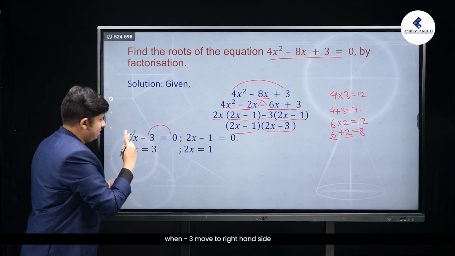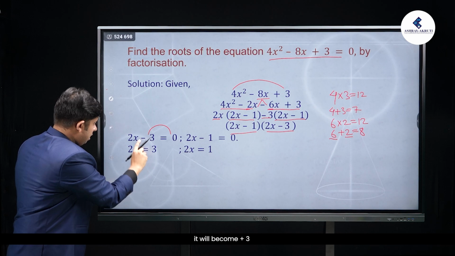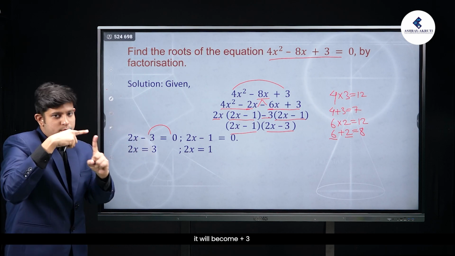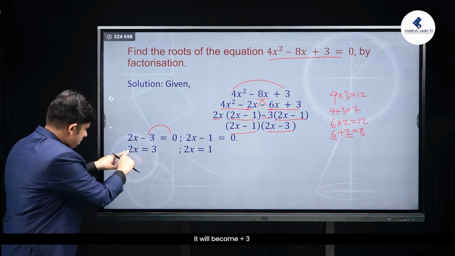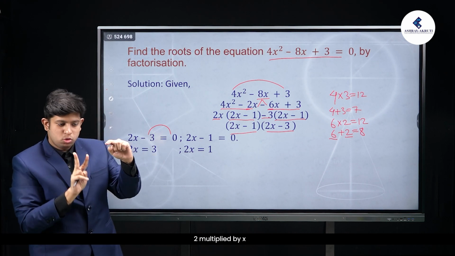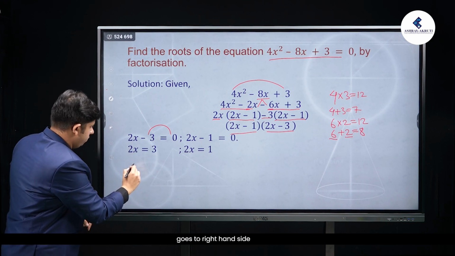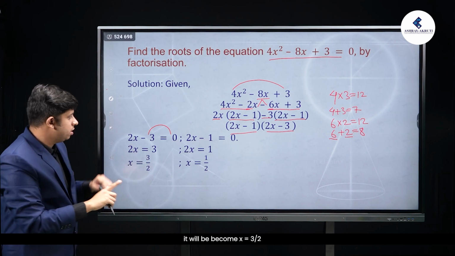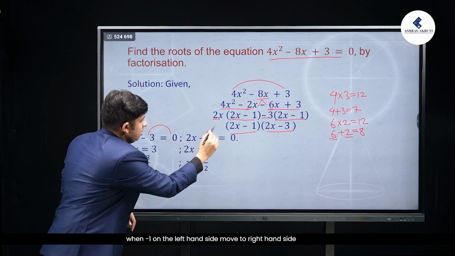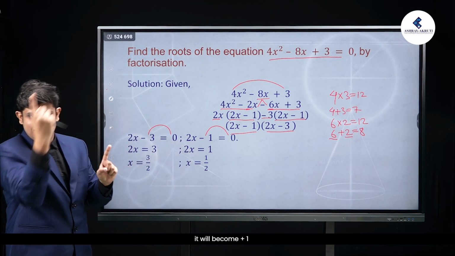When minus 3 moves to right hand side, it will become plus 3. When 2 multiplied by x goes to right hand side, it will become x equal to 3 by 2. When minus 1 on the left hand side moves to right hand side, it will become plus 1.